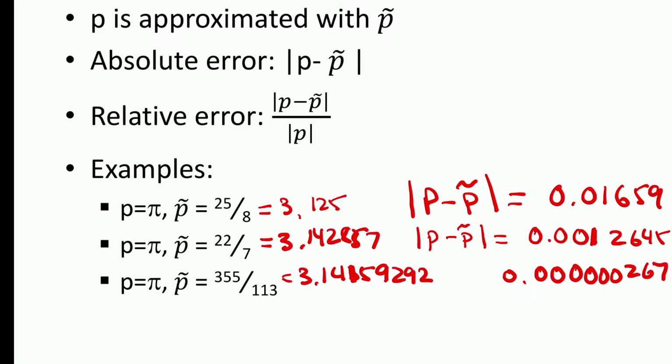And of course, when you're talking relative error, that gives us an idea of how close we are relative to the truth. And if the truth is a big number, then of course the absolute error being a large number might not be that bad. So I'm going to do this first one, divide that by pi, and then we'll get to the computer and it'll be much more fun.